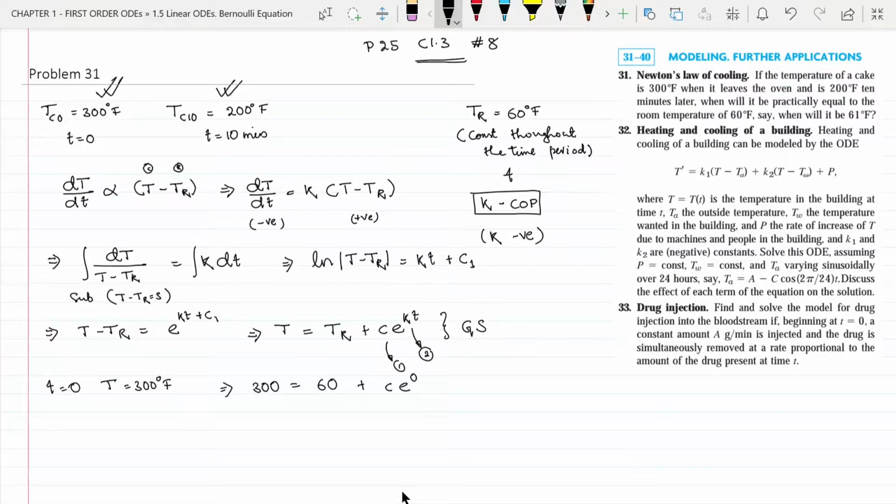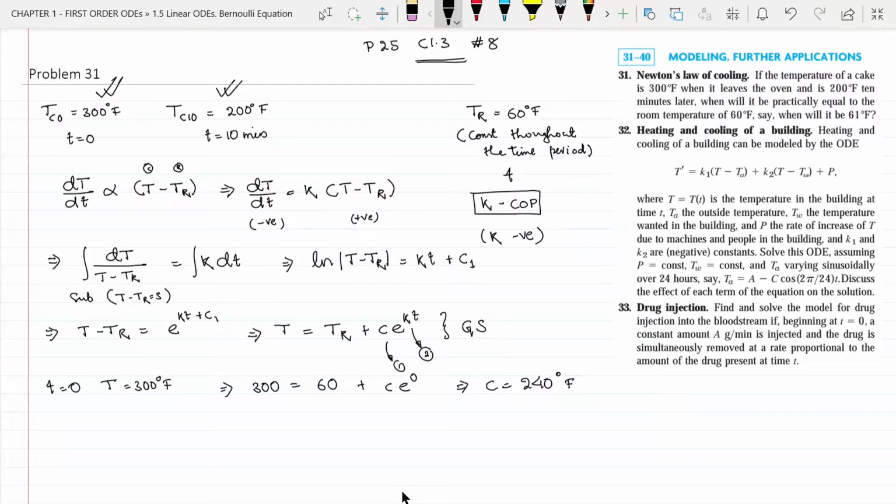So this quantity is now C, and from this C equal to 240. So C is 240. Its unit will be in degrees Fahrenheit, because this e to the power kt is dimensionless, so the dimension of C must be equal to the dimension of T and TR. So C is 240 degrees Fahrenheit.